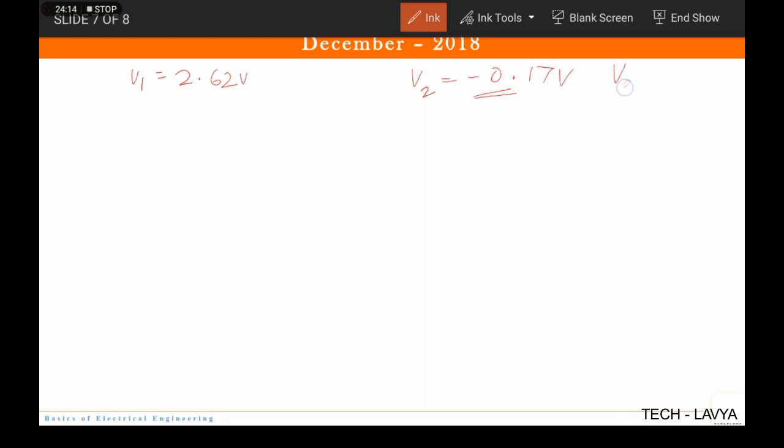So I already told you that V2 is going to be minus, right? And finally V3 comes out to be 4.83 volts.